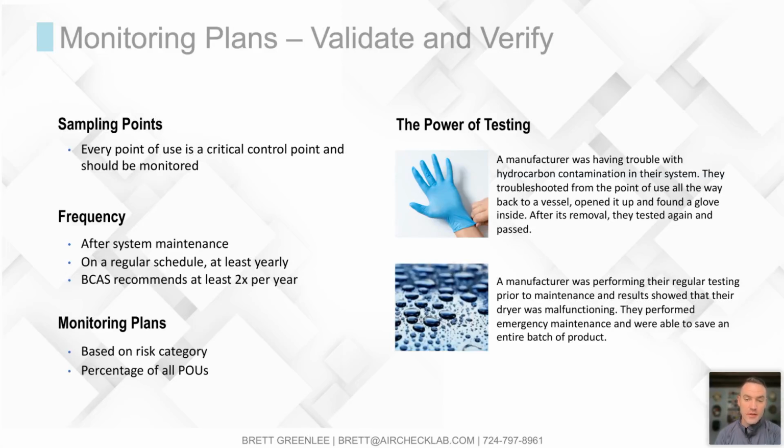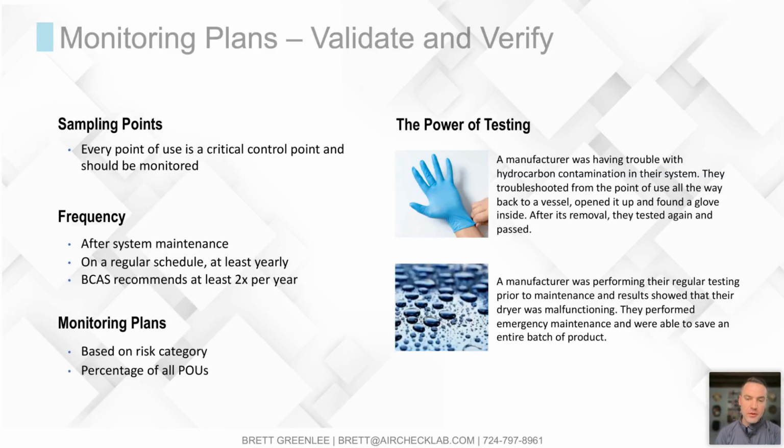Being able to identify those hydrocarbons, they were able to trace back all the way to a vessel in their compressed air system that they opened up and realized that someone had painted a glove to the inside of that vessel, and that glove was off-gassing hydrocarbons. They removed the glove, repainted, and their air quality test came back with a pass.